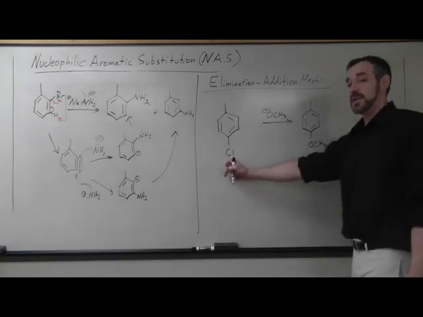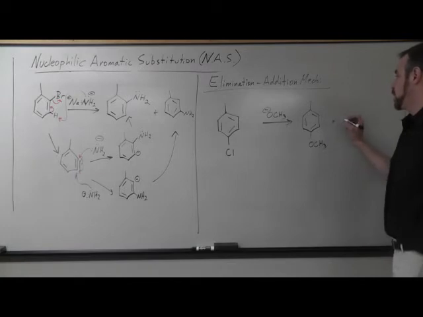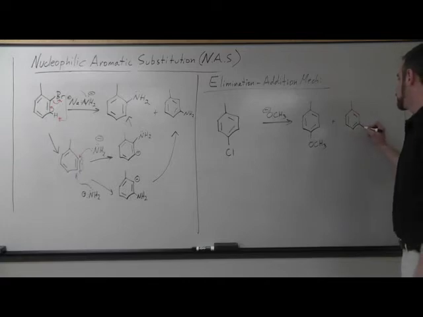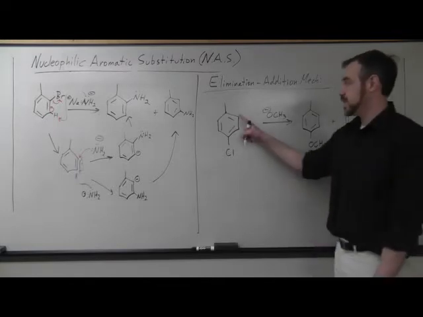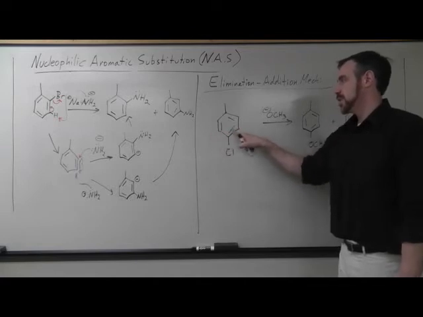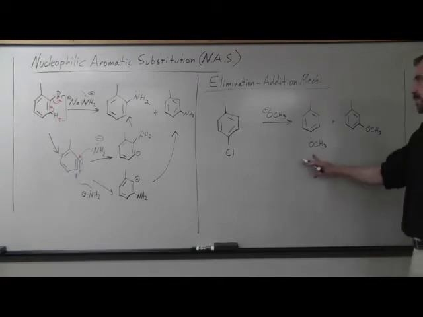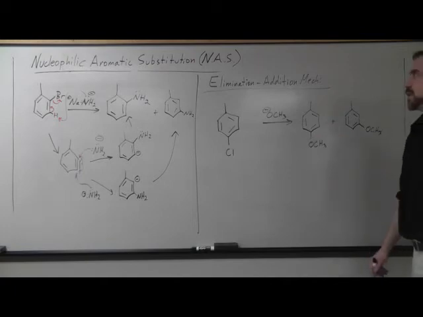Just going to replace the leaving group with the incoming nucleophile. And then, realistically, this is constantly in resonance, so either position is identical, and so you get the meta as well. So now we have a mixture of para and meta to the group that was already on there.